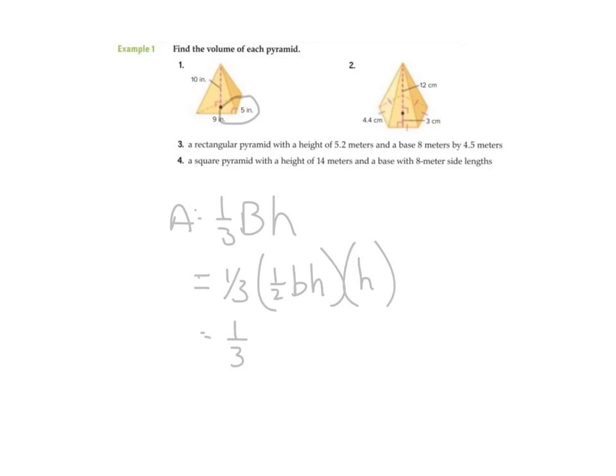It's 1/3, and all these are actually multiplying. So if you think about it, it's 1/2 times the area of the base. Well, that's 5 times 9. And then the perpendicular height is 10, and if you plug all that into your calculator, you will get 75 inches. Inches is the units, and don't forget it's inches cubed.